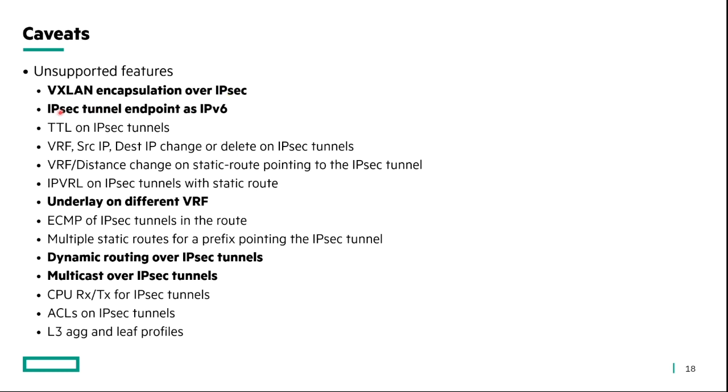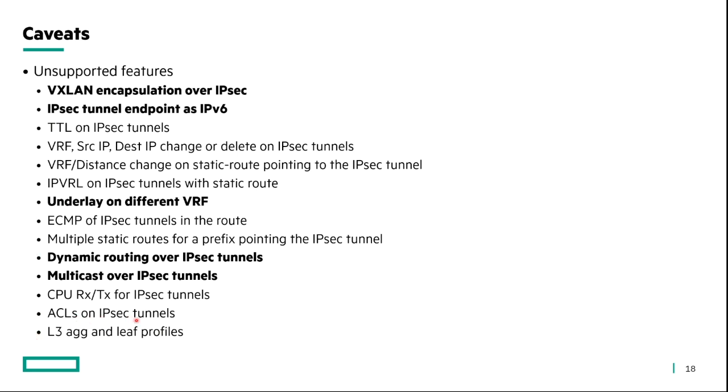Same with IPsec tunnel endpoints as IPv6; that is on the roadmap, but it's not here yet. Underlays on a different VRF are not supported; the underlay and the access VRF have to be the same VRF. No dynamic routing over IPsec tunnels, and another one to be watchful of is multicast over IPsec tunnels. Do take a look at these to make sure you don't get called out.